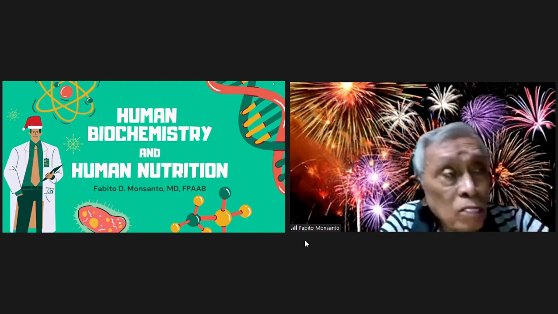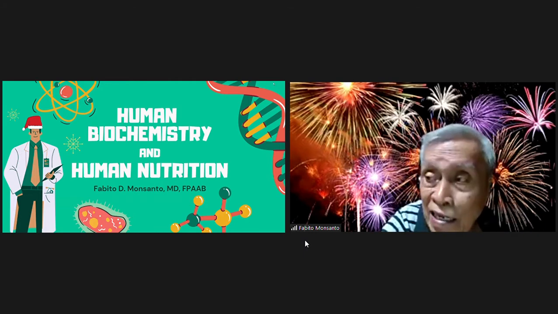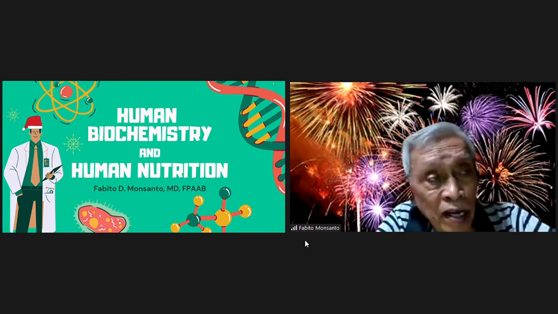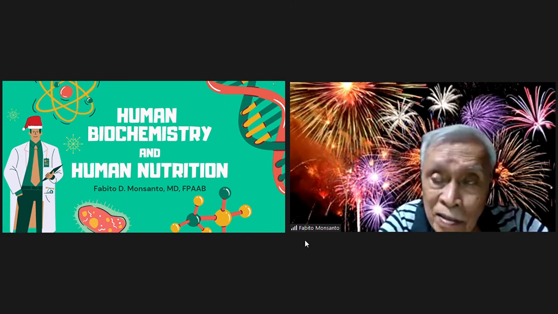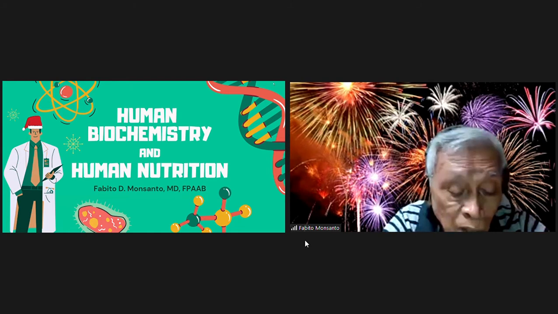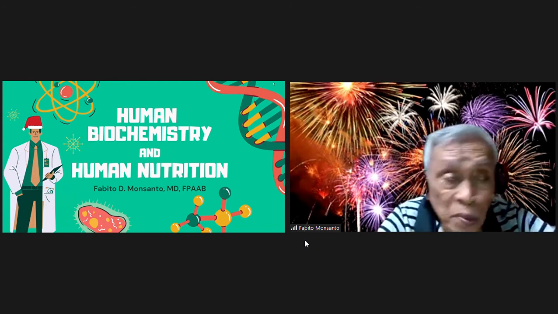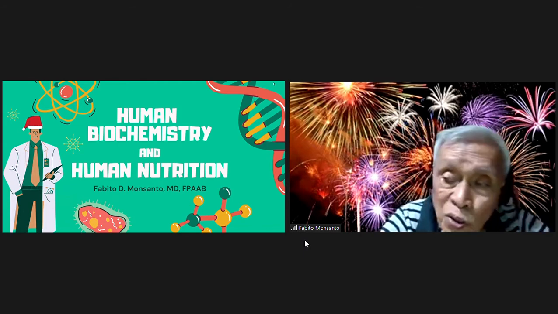Now, monosaccharides form rings. You have a 5-membered ring and a 6-membered ring. Diba? And they are called, a 5-membered ring is called furanose, a furan.